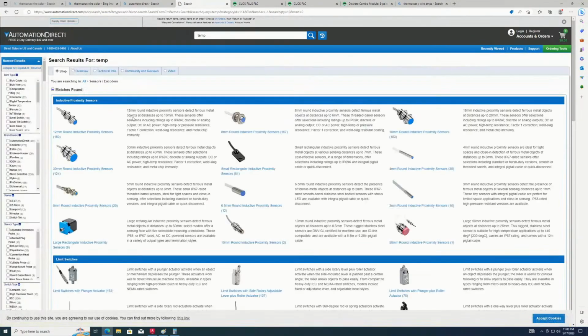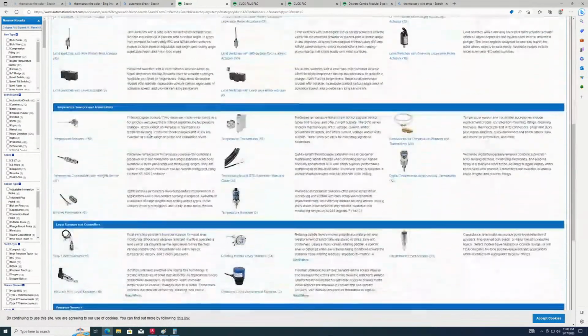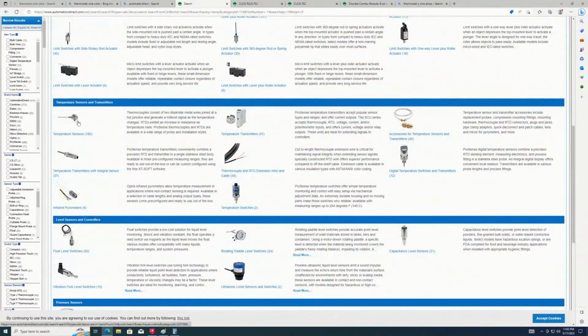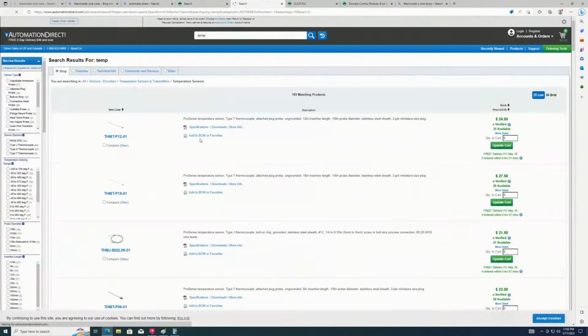Sensors and encoders. Oh, how cute. Temperature sensors, I like it. Automation Direct. We'll just go through the Walmart of automation. We'll take a little of this, a little of that. Let's get some cheese sauce over here. Mix it together. Ooh, look at that AC control unit.